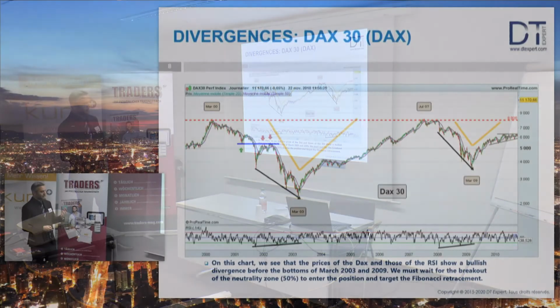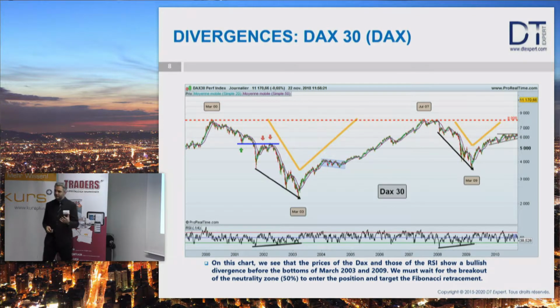You can see, and the last point is to confirm the divergence. When you see that, that means the divergence is appearing, okay? Because you can't say that every time the underlying is going one way and the RSI the other way, you have a divergence. Most of the time, for an upward divergence, your indicator must be below the 30 level.